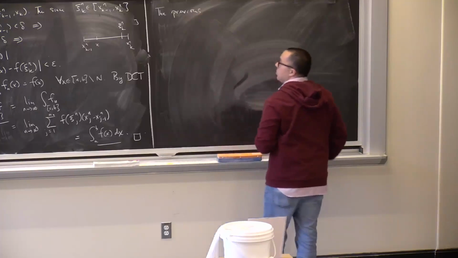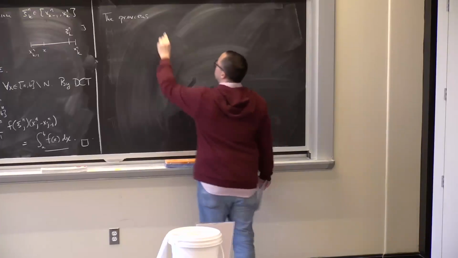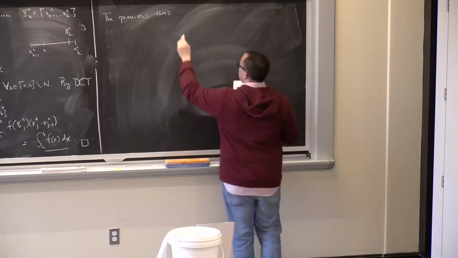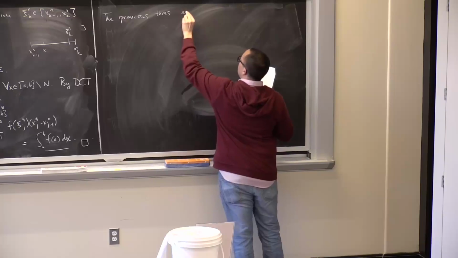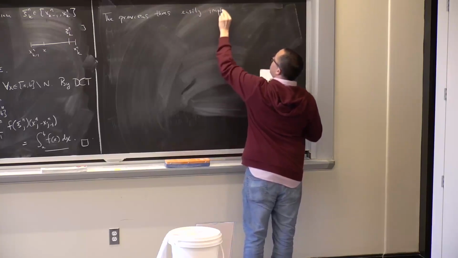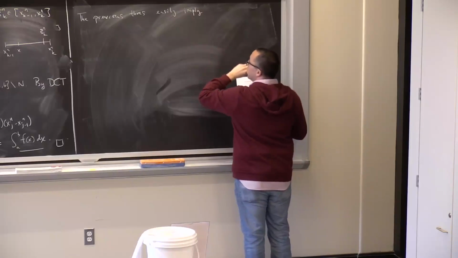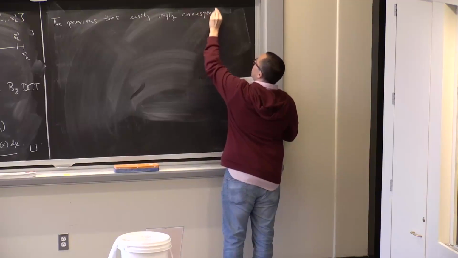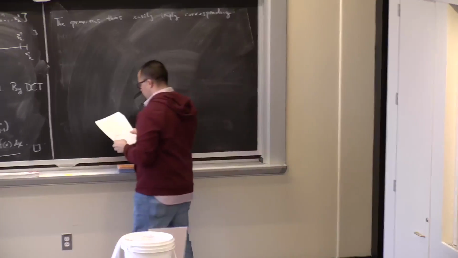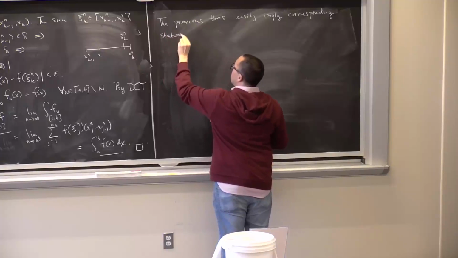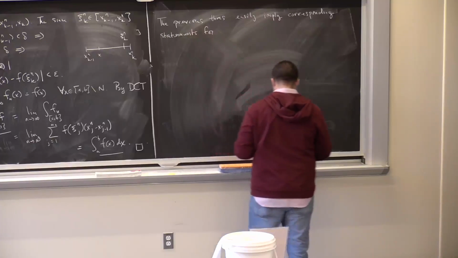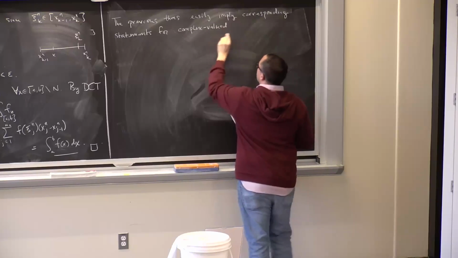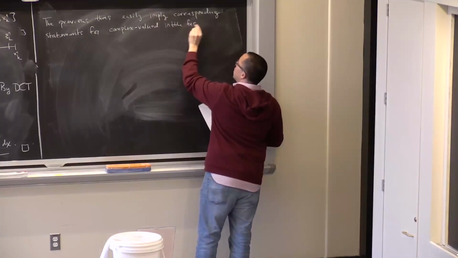So all of the previous theorems that we've proven, as long as they make sense, you can use what we've done for real-valued integrable functions to what we call complex-valued integrable functions, and they imply corresponding statements for complex-valued integrable functions.